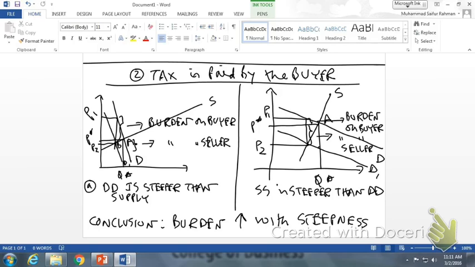In this case it is true that regardless of who is paying the tax, either buyer or seller, the tax burden is really determined by the steepness or the flatness of the demand curve. If the demand curve is steeper than the supply curve, regardless of who pays the tax, our buyer pays the larger share of the tax burden. If the supply curve is steeper than the demand curve, regardless of who pays the tax, our suppliers bear the larger share of the tax burden.